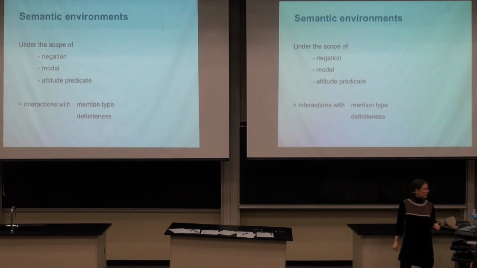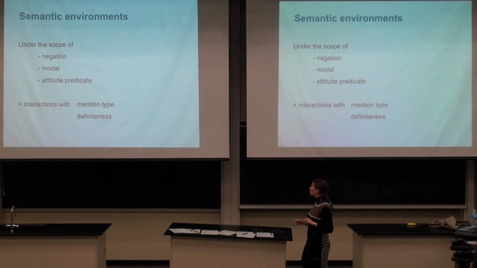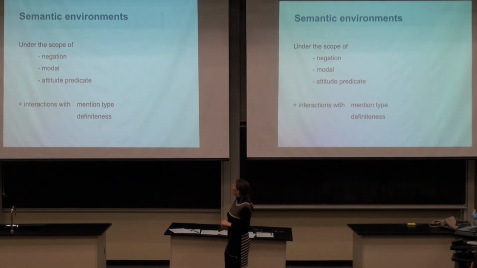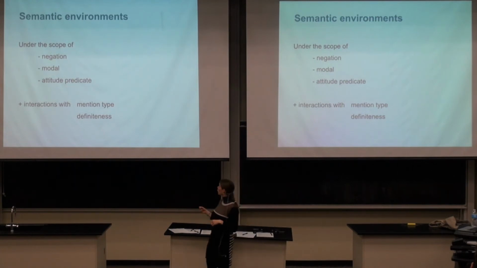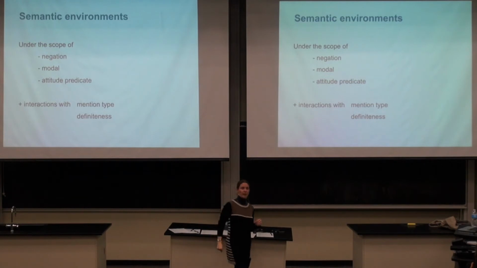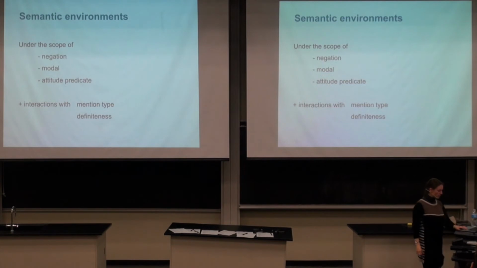So the semantic environments that we do care about, parallel to the example I showed you, are whether a mention is under negation, under a modal, or under an attitude predicate. And what we are really interested in also is the interaction between those scopes and the mention type and the definiteness of the mention.